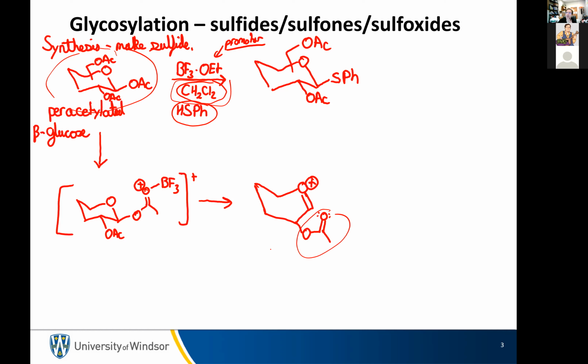I can't think of a single example where you have a participating group at C2 and you don't get the trans product, like the beta product, unless it's mannose, in which case you get the alpha. Again, as we talked about last class. So that's going to participate. We are going to get, so that looks a little bit like this.